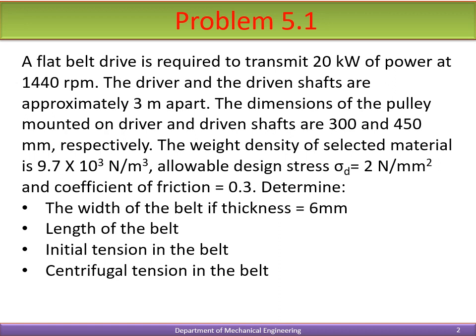Here, for solving this problem, we have the equations that we discussed in the previous class, part 1 of module 5, that you can refer. There are some common equations we are following. Every parameter is directly given. You have to simply substitute the values and you can find these 4 parameters.